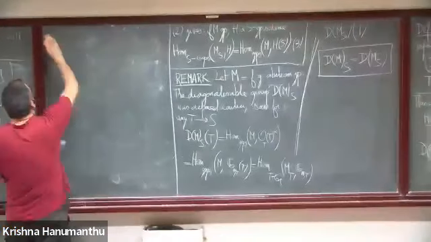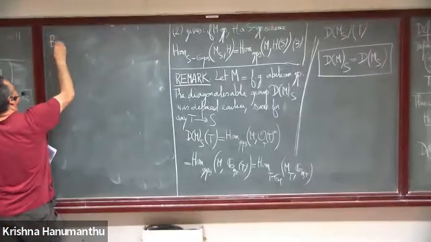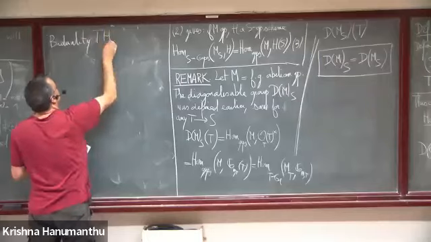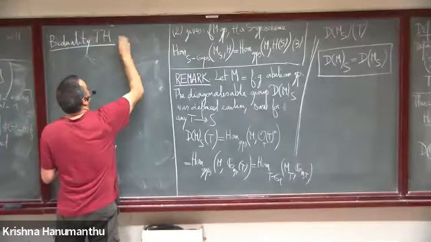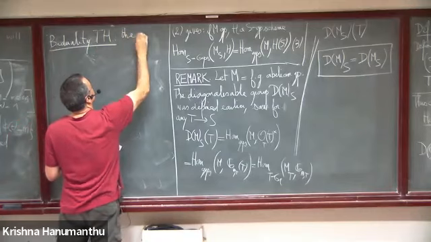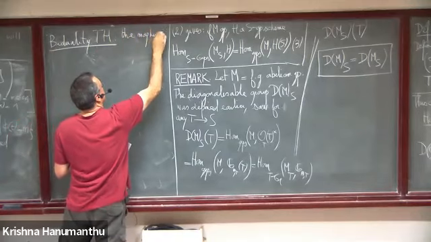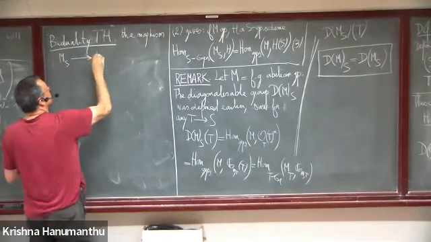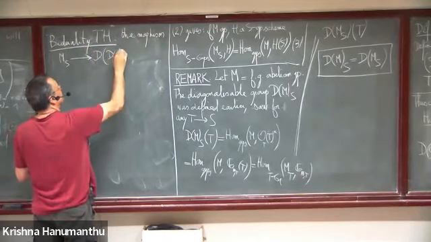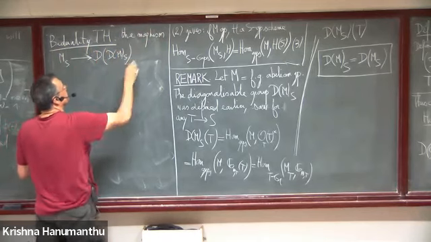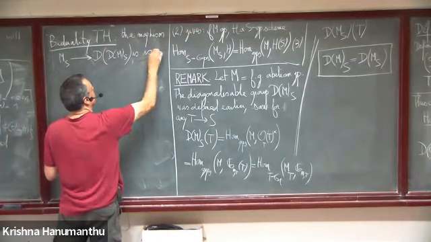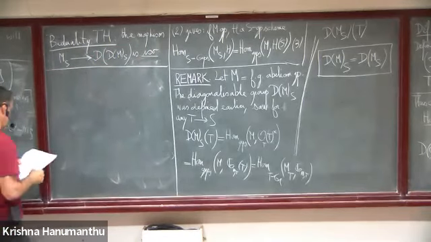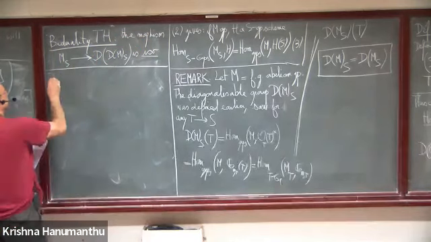The biduality theorem: the morphism that we just mentioned from this constant group to the dual of the multiplicative group is an isomorphism. Okay, so we are going to prove this theorem. So proof.